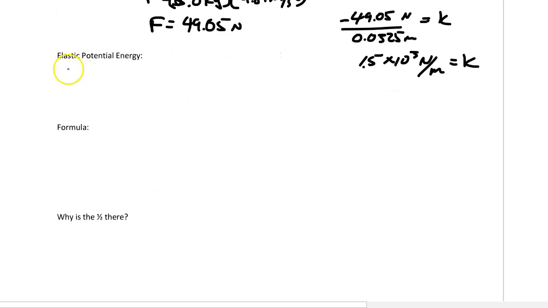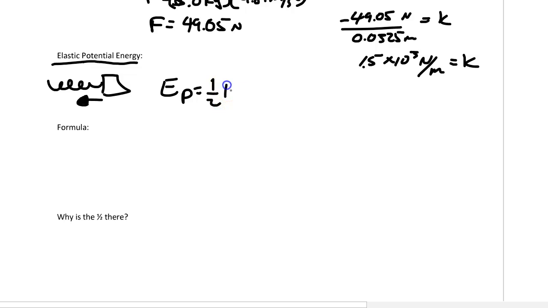Just a couple of quick notes. When we talk about elastic potential energy, we're talking about energy stored in the position based on the spring because of the spring being deformed. We've got a formula on our formula sheet that is equal to one half kx squared.